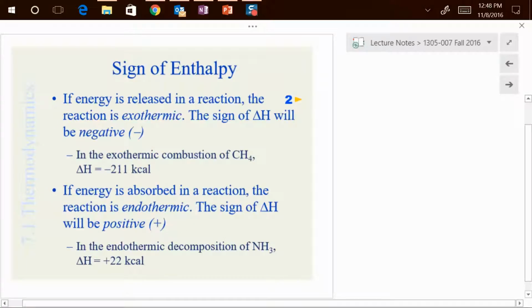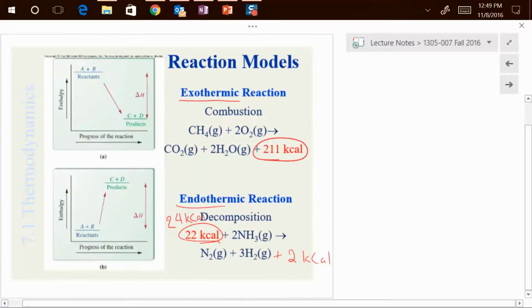Now, this is something that you do need to be familiar with, the sign of delta H. If delta H is negative, then that is an exothermic reaction. Negative 211 kilocalories of energy. That means this is an exothermic reaction. Here, we didn't write it as negative 211 kilocalories.